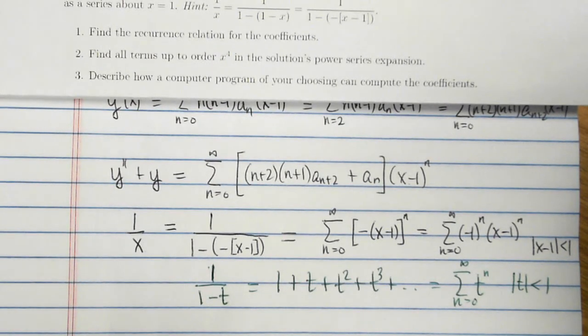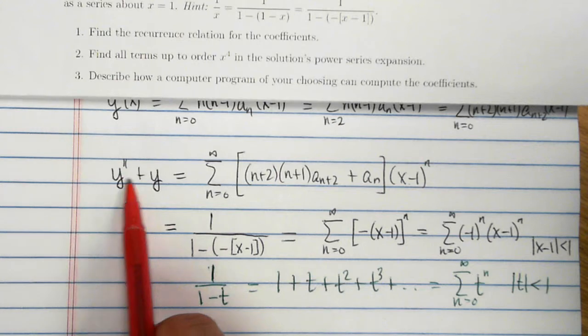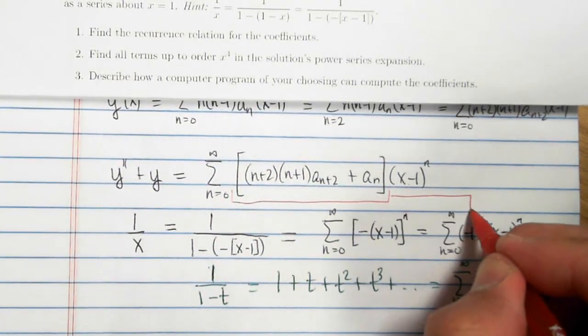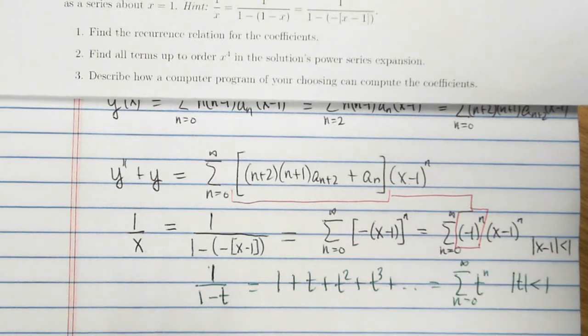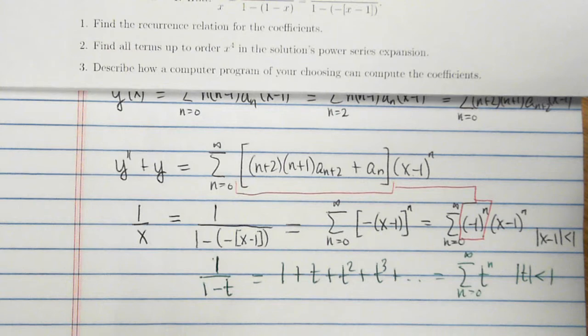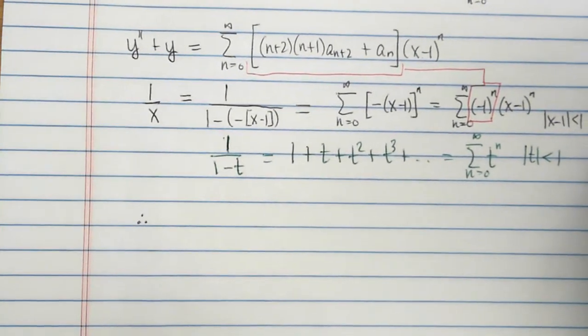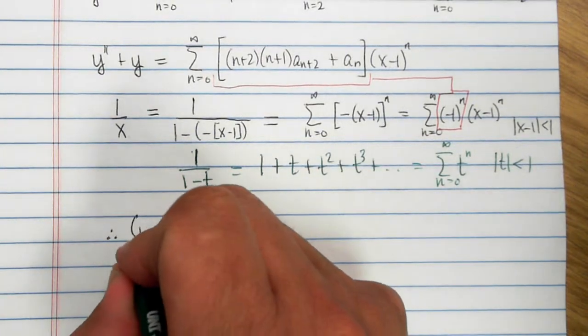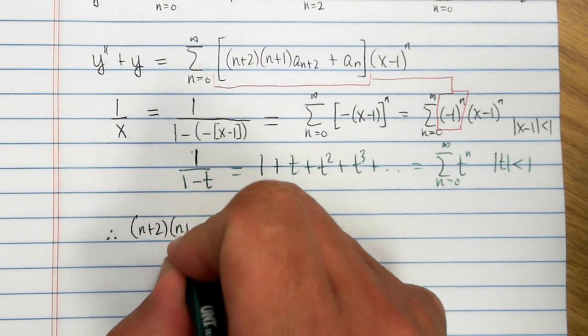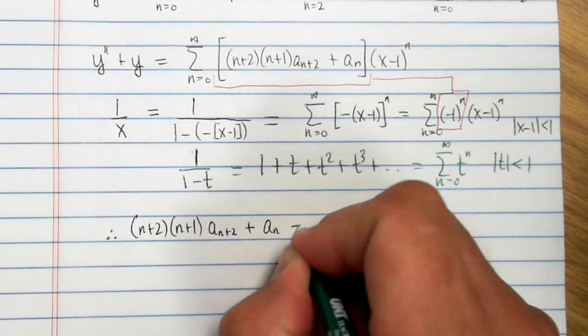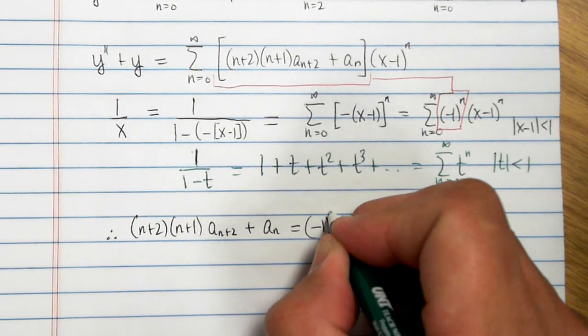So therefore, by the principle of matching the series, if this is equal to this, that means that this thing in brackets has to be equal to the coefficient here, negative 1 to the n. So this sets me up the recurrence relationship that n plus 2 times n plus 1 a sub n plus 2 plus a sub n has to be equal to negative 1 to the nth power.